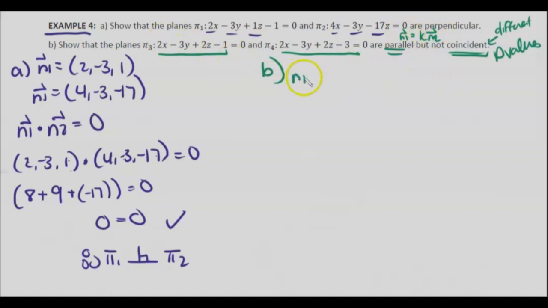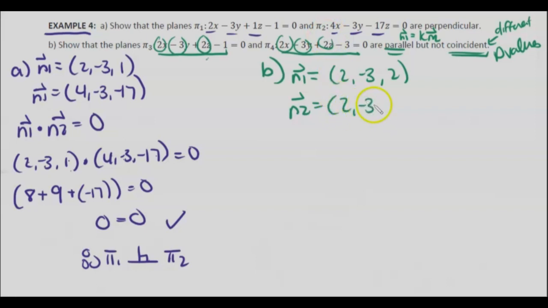So let's first identify n1 and n2. So n1 is 2, negative 3, 2. Okay, and n2 is 2, negative 3, 2. Okay, well, that was easy. We can see what's going on already. And then the d value is negative 1, and the d value here is negative 3.